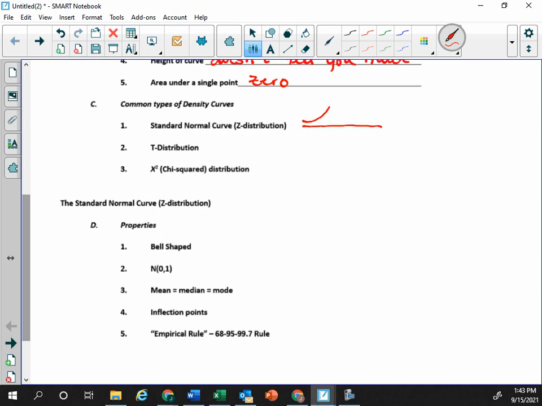We've already drawn a few of them. Your mean equals your median with this because it is a nice symmetric distribution.